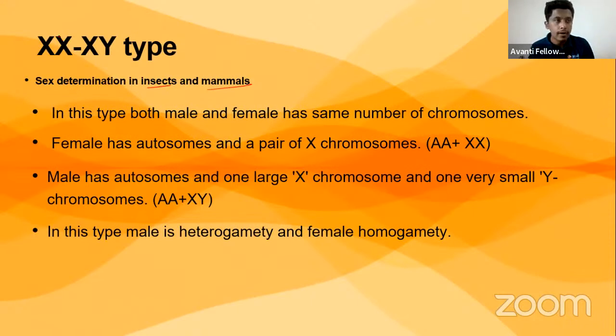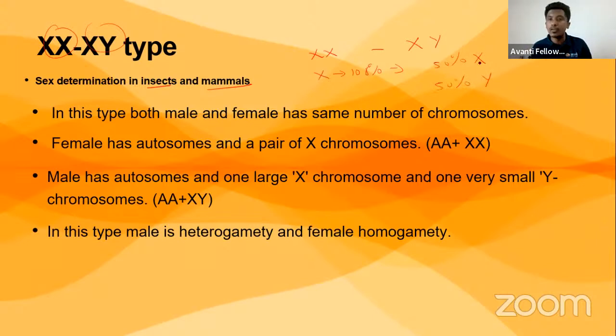If you look at XX and XY, the female has XX and the male has XY. When the female produces eggs, she will have 100% X type of eggs, whereas when the male produces sperms, 50% of the sperms will be of X type and 50% will be of Y type.